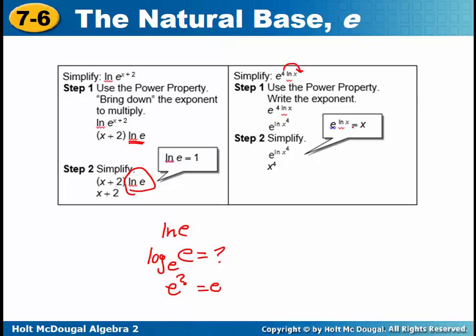When you see e to the natural log of x, that is equal to whatever your x is. So if you have e to the natural log of star, that's going to be equal to star. Whatever you're taking the natural log of, if that is your exponent, then it'll be equal to that part of the exponent.